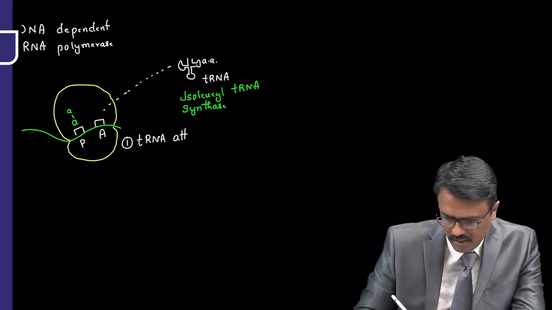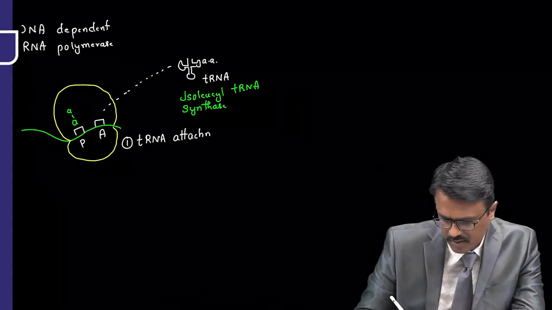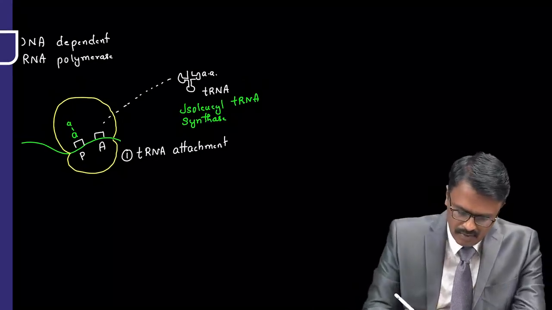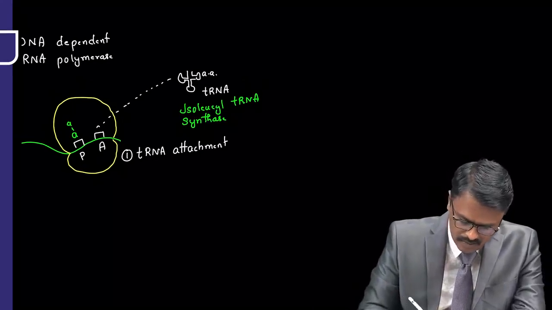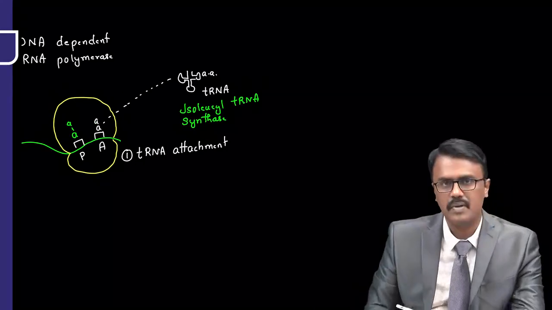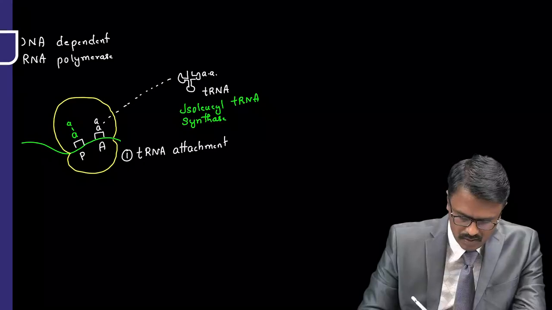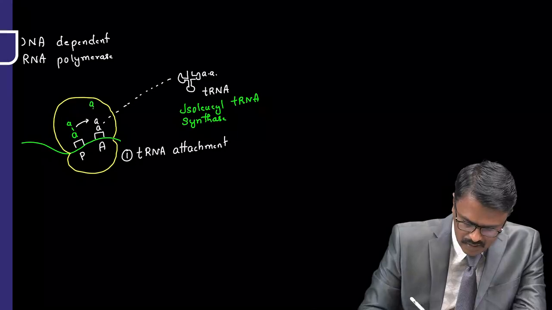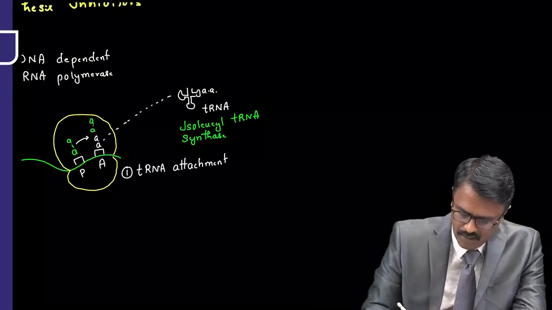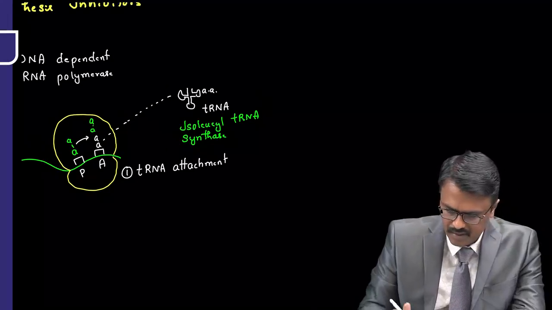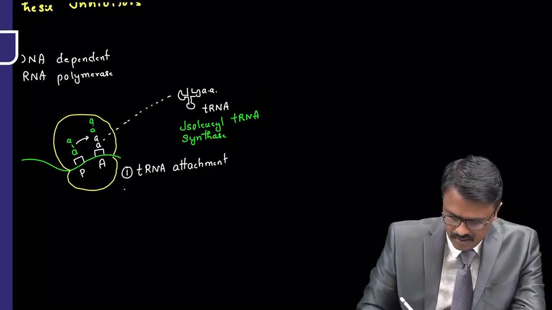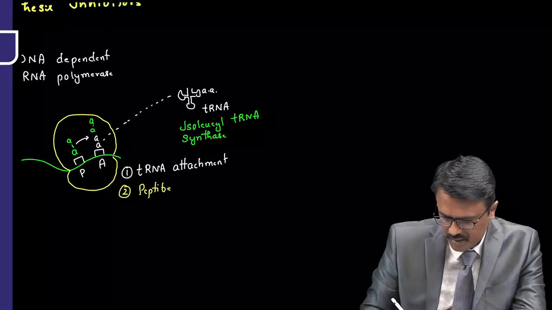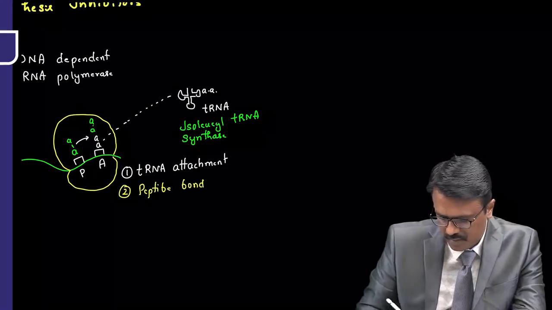Once the tRNA attaches there, it will bring the new amino acid. Now the already present amino acids have to go here and attach to the new amino acid, and they will form the second process. The second process is formation of peptide bond.